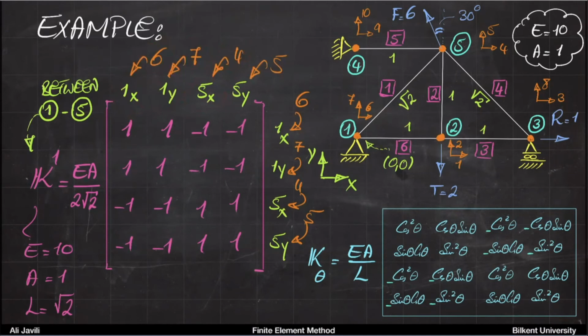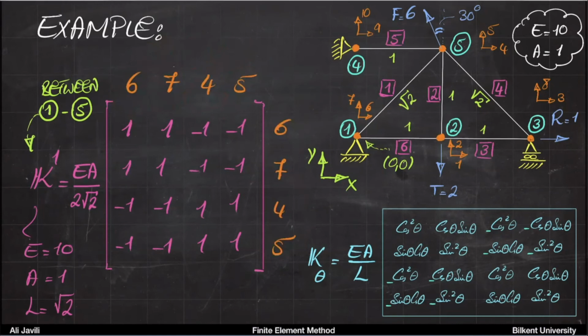Those are like tickets that they give to these components to go to the proper places. It's like you go to a theater, and then you have a seat number. What is your row? What is your column? This is exactly that. So we know that this -1 here must go to the 4th row, 7th column of the global matrix. Okay, so that's exactly how we will continue with this.